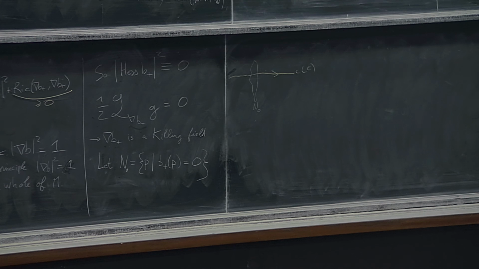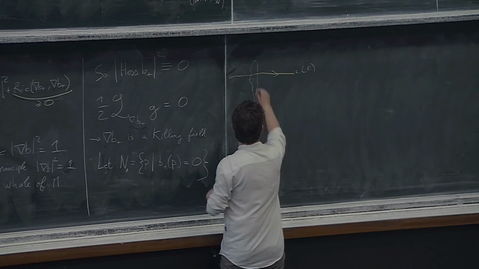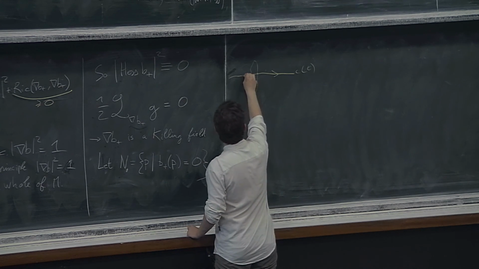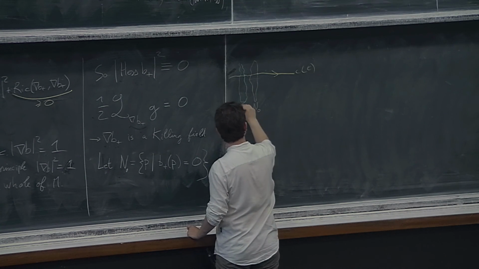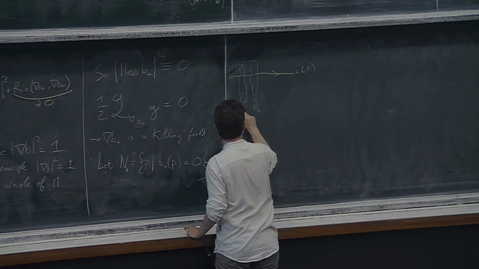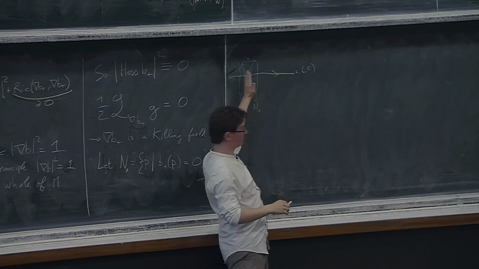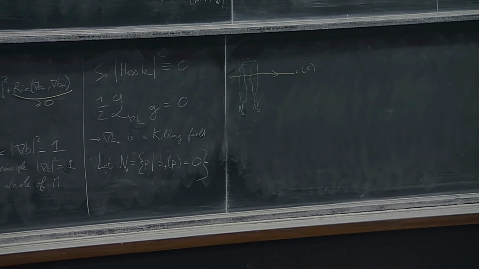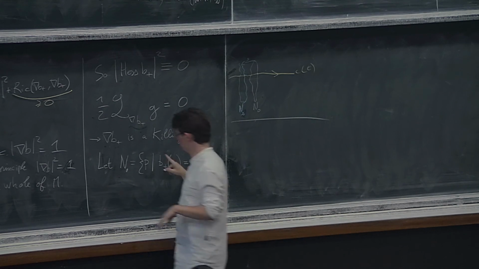So b points in the opposite direction to my geodesic c. So if I push N for some amount of time, let's say s here, this acts via isometry, so I will get another copy of N here with the same metric.